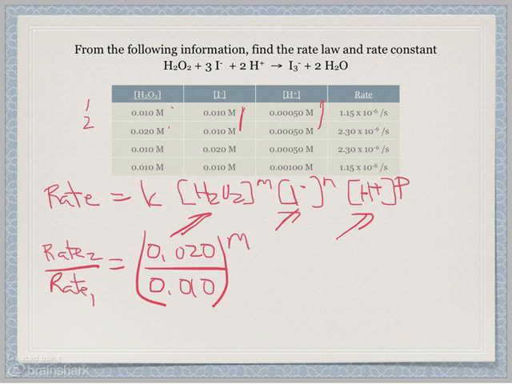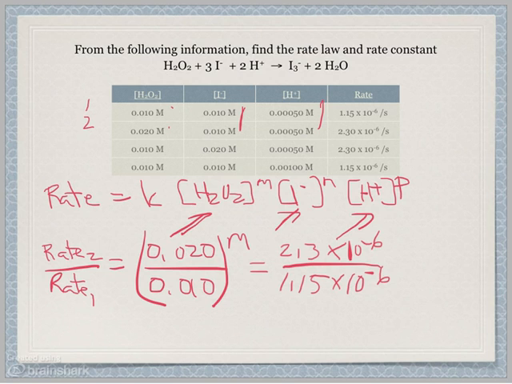Now we set that equal to the rates. The rate of the second trial was 2.3 times 10 to the negative 6, over the rate of the first trial, which is 1.15 times 10 to the negative 6.